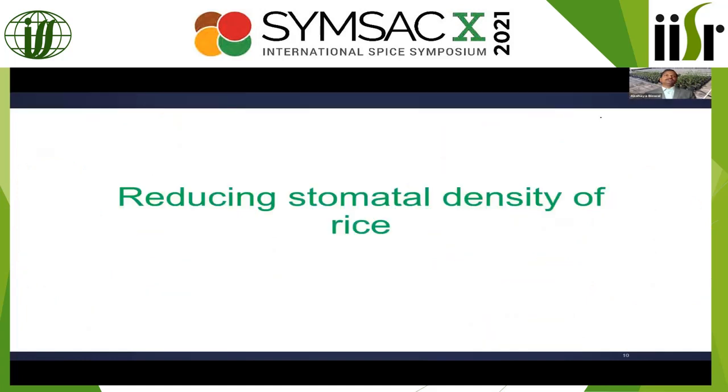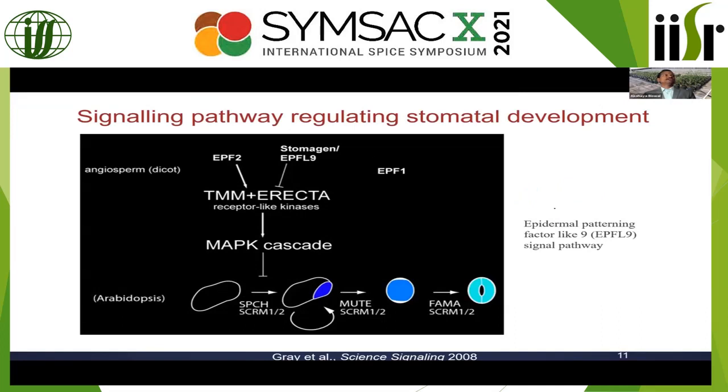With this, I will take you to some of my work that we did in rice. When we were starting this work in 2013, CRISPR technology was very new, and we wanted to evaluate this technology and also to get some benefit from it.